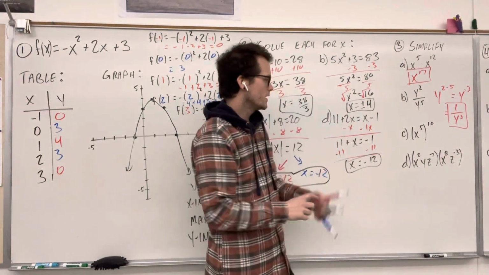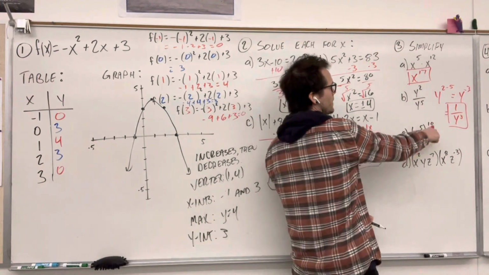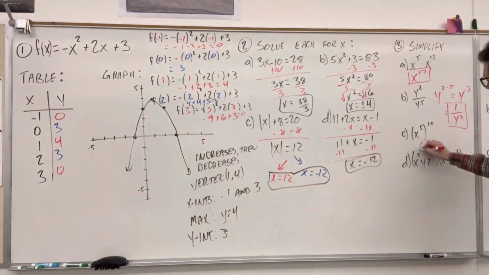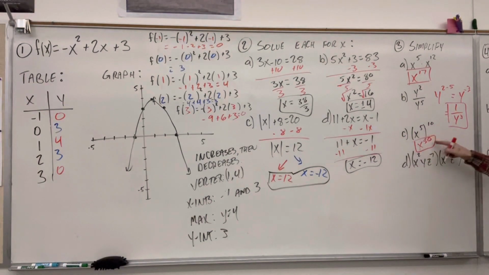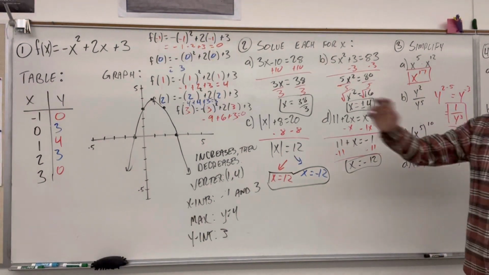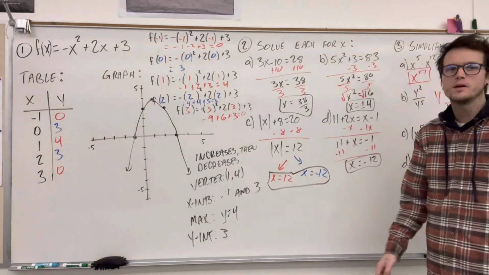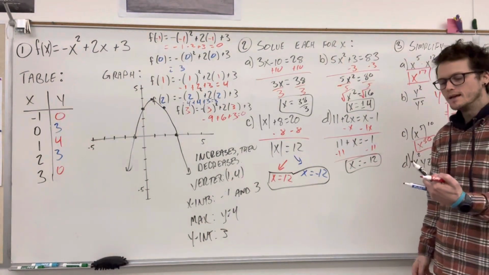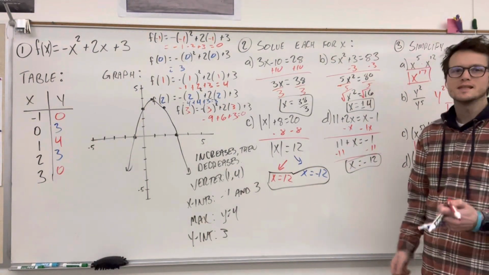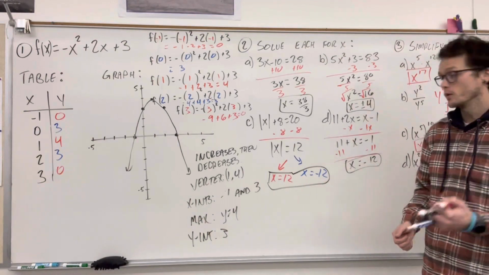And that's what's going on here as well. We just multiply the 5 times the 10. So this ends up being x to the 50th power, because 5 times 10 is 50. Again, you could list it all out if you wanted to. I think that's a waste of your time, but you could totally do it and see why it's actually true. We did some of these examples if you want to check the video for lesson 303.